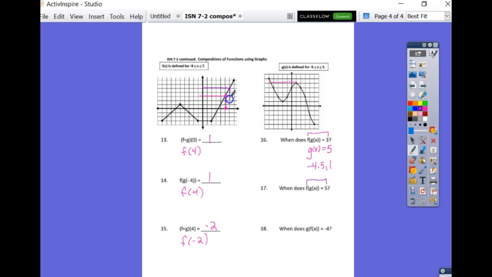It's at 6. So on the next graph, you have to count up to 6. And this touches here, which is negative 5.